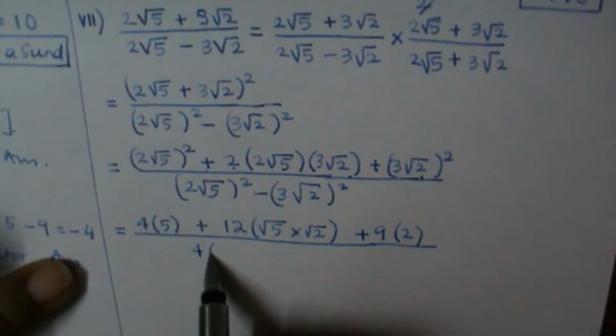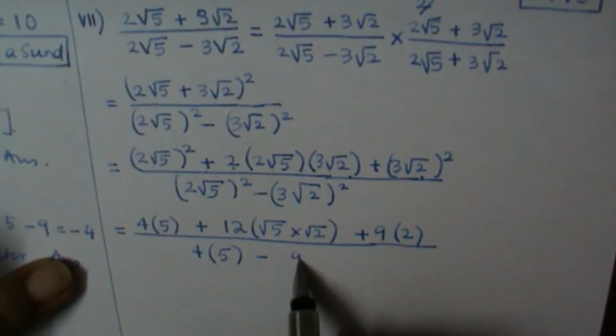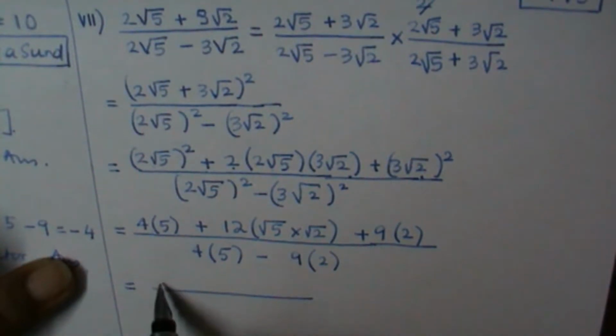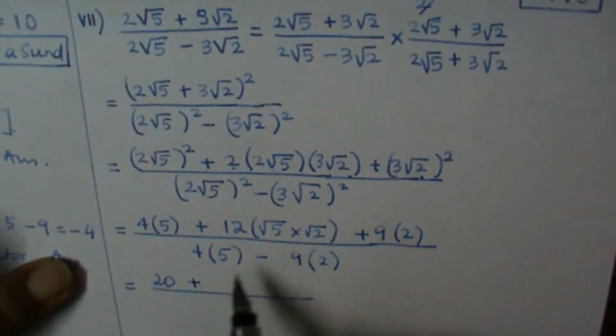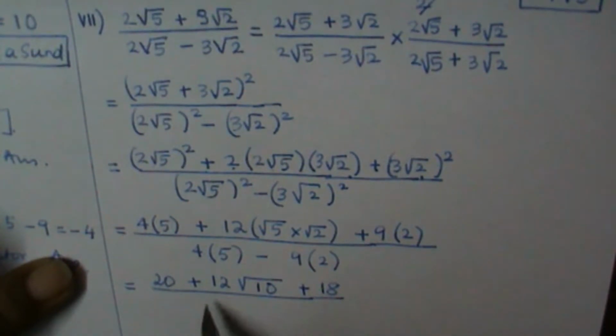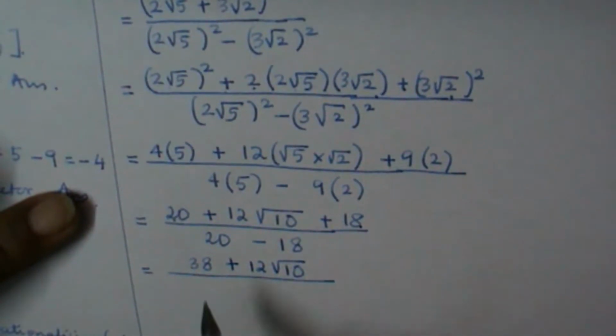Here again 4, 2 square, and root 5 square is 5, minus 3 square 9, and here root 2 square 2, which is equal to 20 plus 12, and here under root 5 into 2 becomes 10, and plus 18, and that will give me 20 minus 18, and that will give me 20 and 18 gives me 38 plus 12 root 10 upon 2.